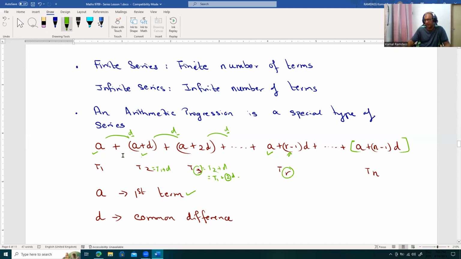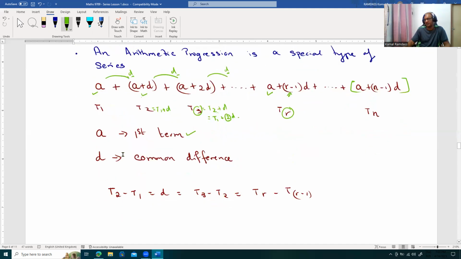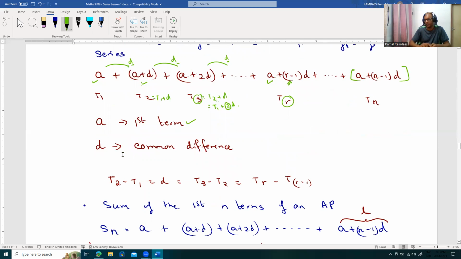A is the first term and D is the common difference. T2 minus T1 is equal to D, T3 minus T2 is equal to D, and Tr minus T(r minus 1) is equal to D. Or I can say that T(r plus 1) minus Tr is equal to D.